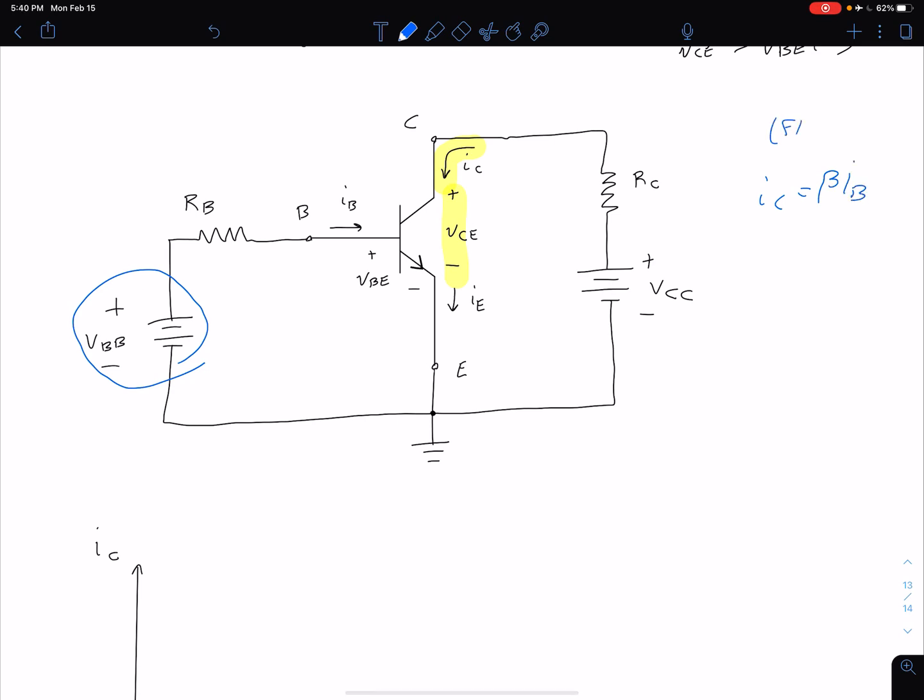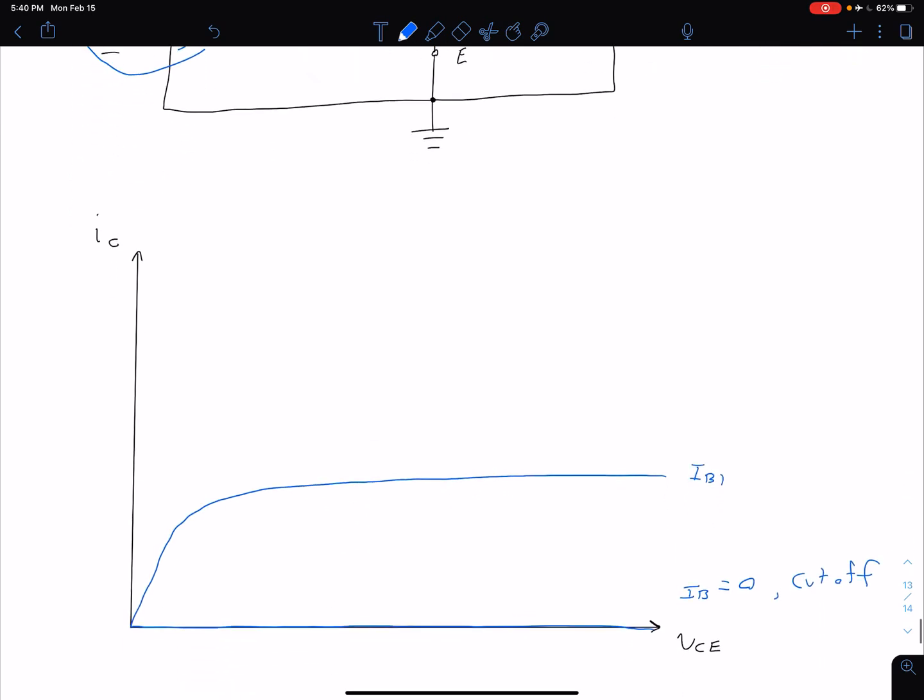Again, only in forward active. So for an increased base current, we're going to get some curve that looks like this. This would be for some IB2, which is greater than IB1.